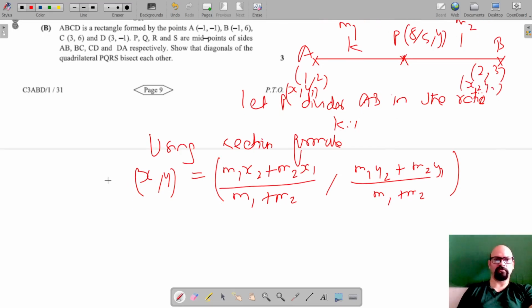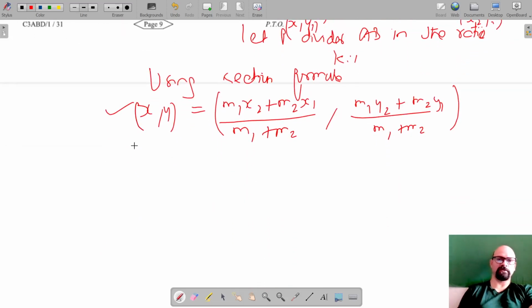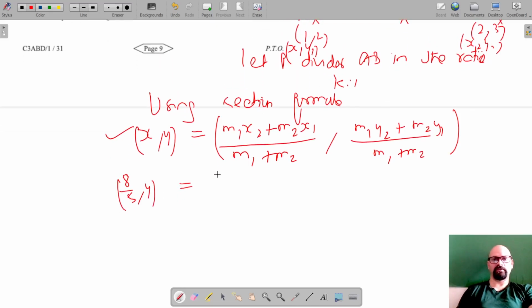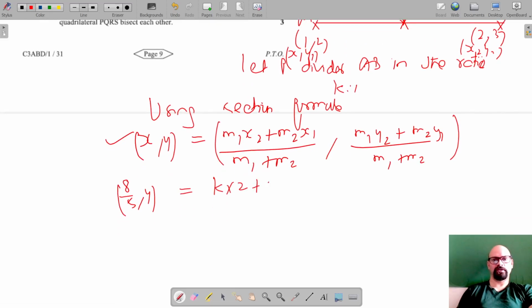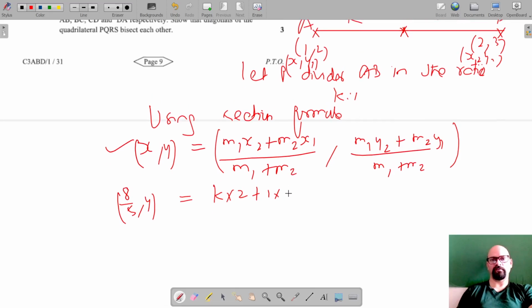So let's put in the values. (x, y) is given to us, which is (8/5, y), and m1 is k, x2 is 2, m2 is 1, x1 is 1, m1 + m2 is k + 1.